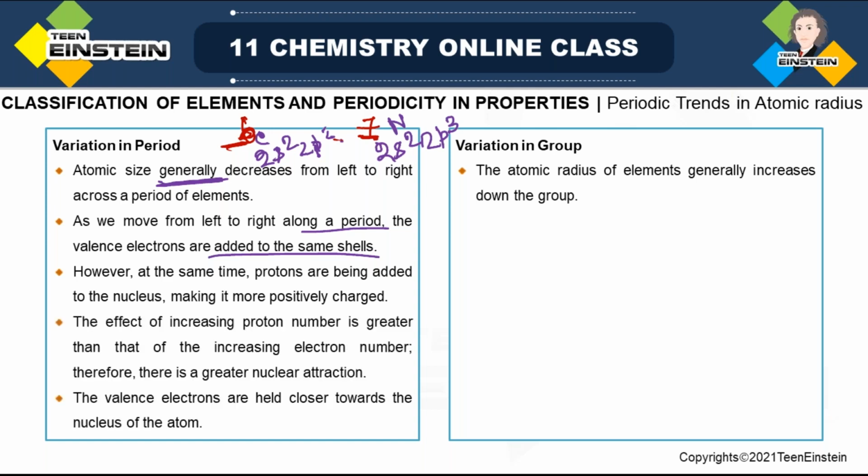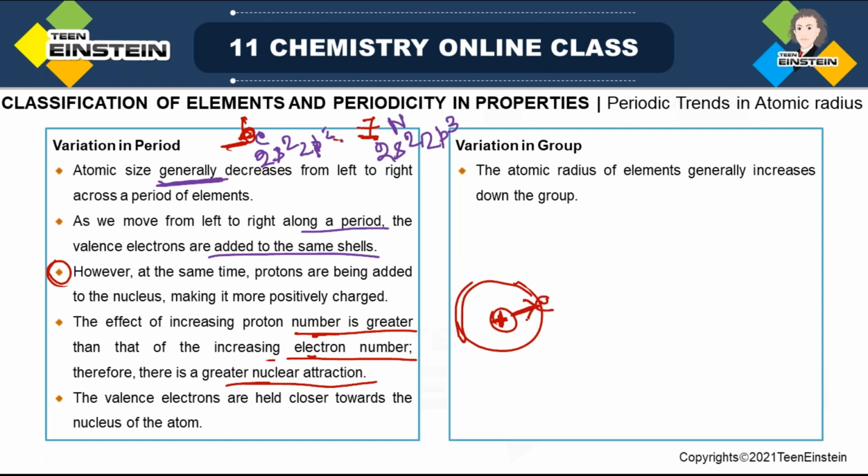Now, the effect of increasing proton number is greater than that of the increasing electron number. One effect is predominating over the other, and as a result, there is greater nuclear attraction. Suppose this is the nucleus, I'm just drawing one orbital, and there is an electron.